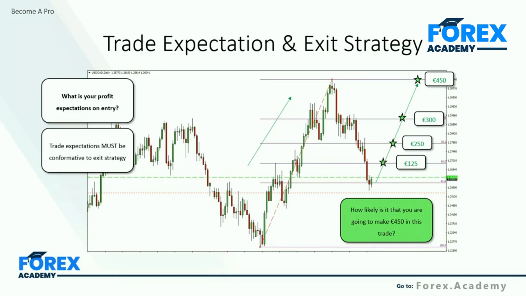Okay, so again, how likely is it that you're going to make 450 euros in this trade? When you enter the trade, you're unaware of that. We don't know the full answer to the trade, but what we do want to trade is this bounce from the 61.8% retracement level, and then we manage the trade expectation as the trade unfolds.